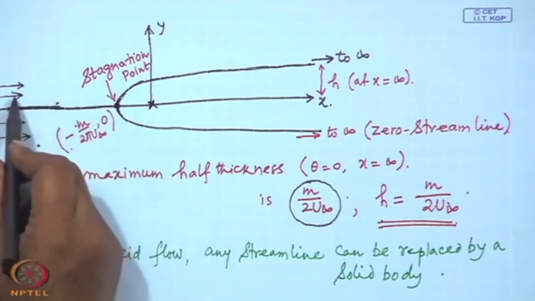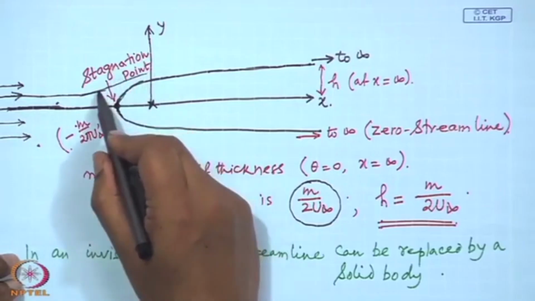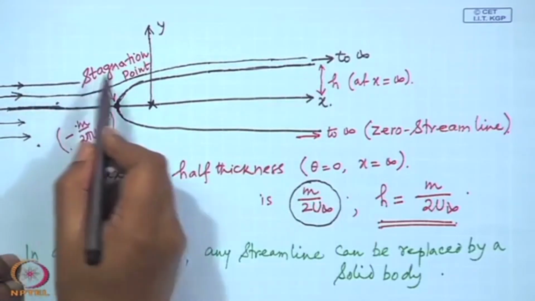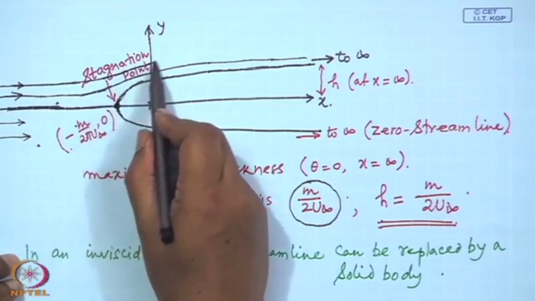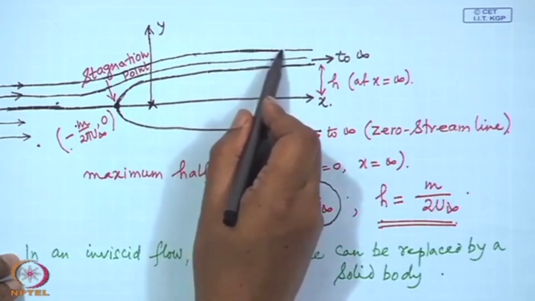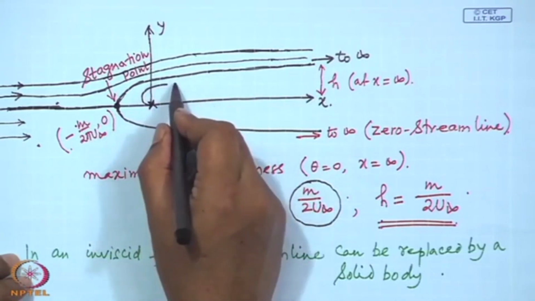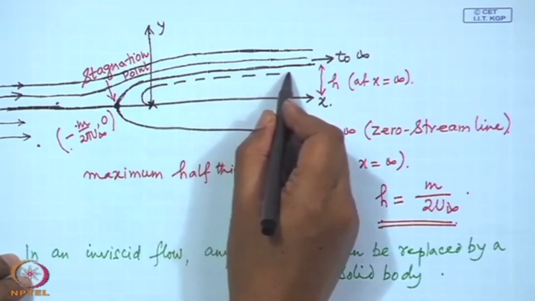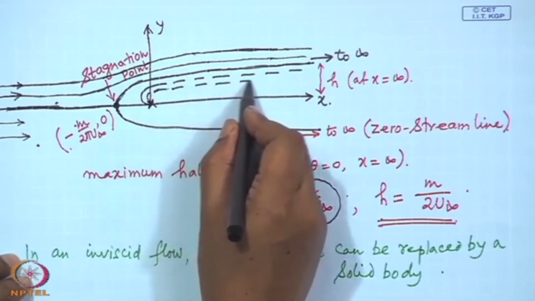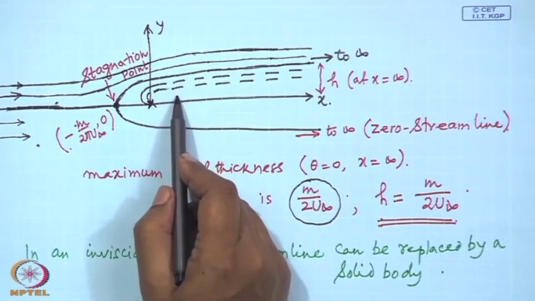Let us say some other streamlines we can show approximately. These interior dotted lines are also streamlines.